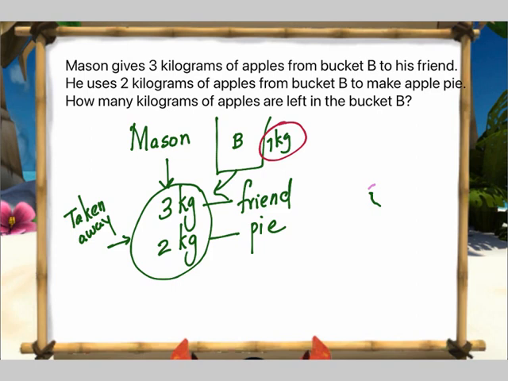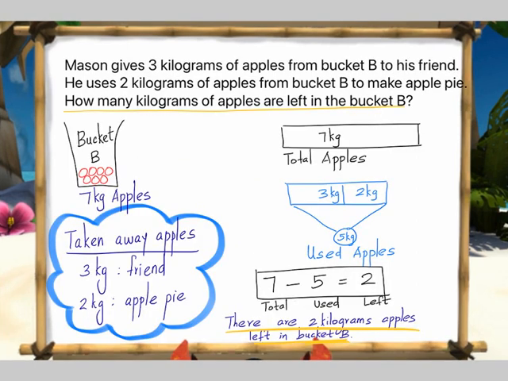Let's move on to the solution. Okay, so the bucket he had was bucket B, and there was 7 kgs of apples in bucket B. So how much was taken away was 3 kg and 2 kg.